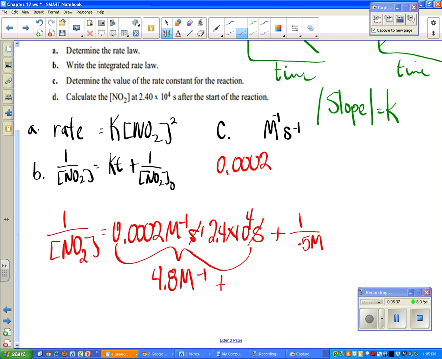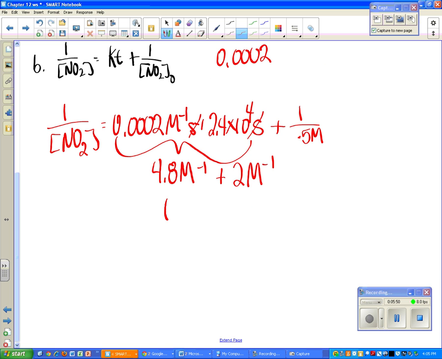Plus, we all know that the inverse of 0.5 is 2, so that comes out to be 2 molarity to the -1. I'm going to add that together, and I'm going to have 6.8 molarity to the -1. That's going to equal the inverse of my concentration at that time.